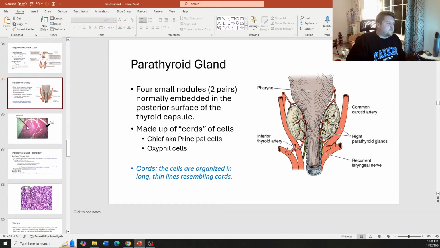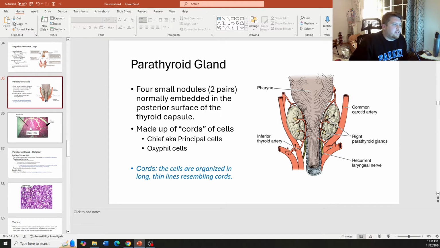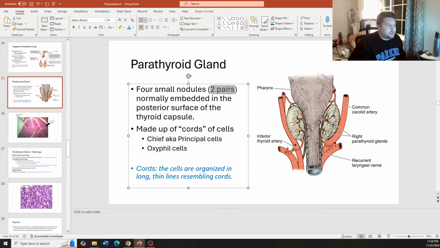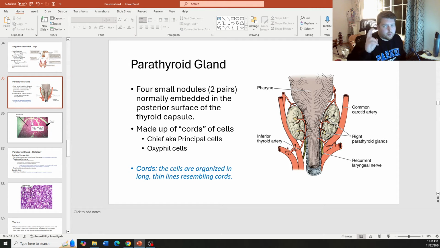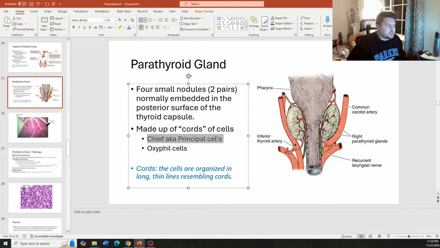Next part, parathyroid gland. These are four small nodules, two pairs, that are embedded in the posterior surface of the thyroid gland. So they're hidden back behind the thyroid. They are made up of what we call cords of cells: chief, also known as principal cells, and then oxyphil cells.